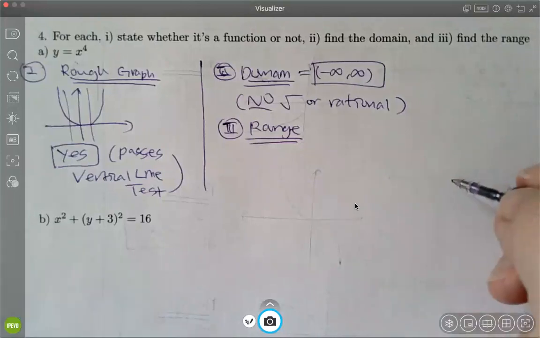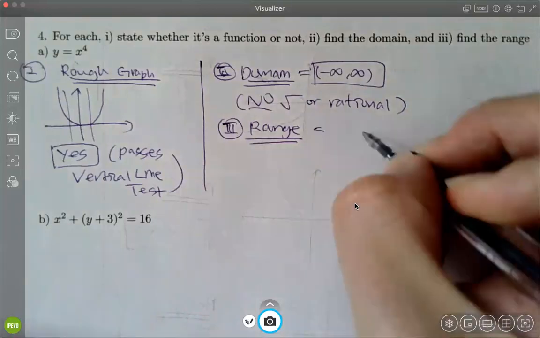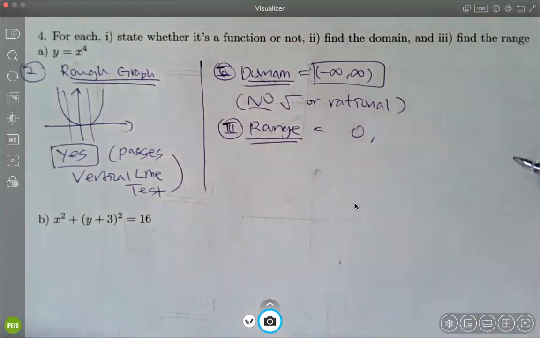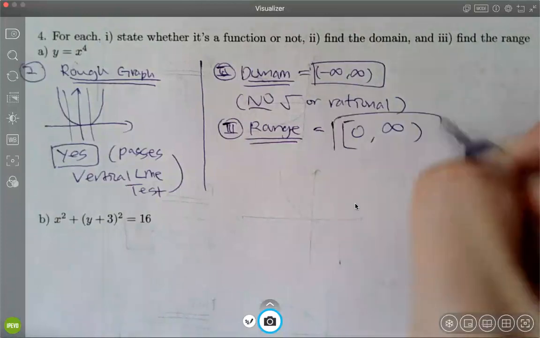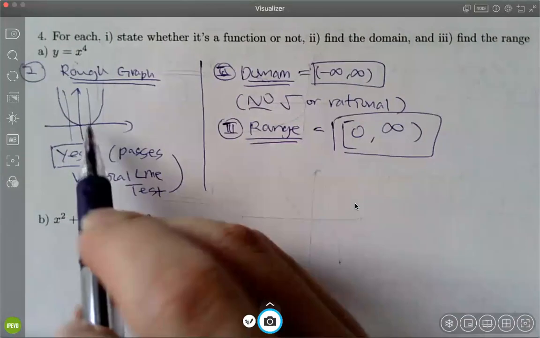No. Where does it start? 0, right? And to infinity, right? Do we see bracket around 0, or is it parentheses? It's bracket, right? Okay, so it's bracket 0, comma infinity. You can see it from this graph.